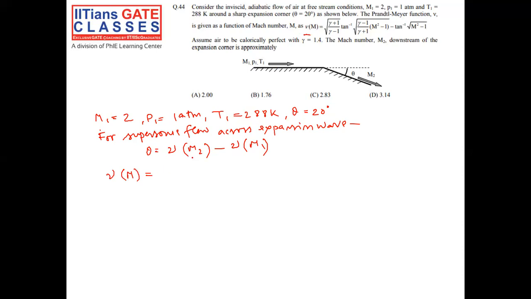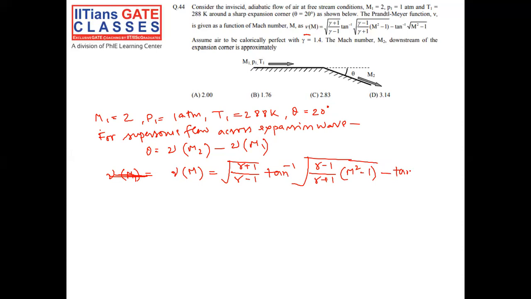So theta is given. Now nu M is given as the square root of (gamma plus 1) by (gamma minus 1), times tan inverse of the square root of (gamma minus 1) by (gamma plus 1) times (M square minus 1), minus tan inverse of the square root of (M square minus 1).